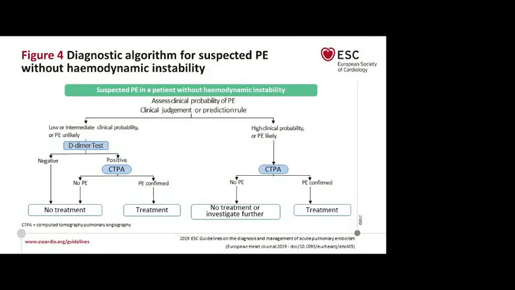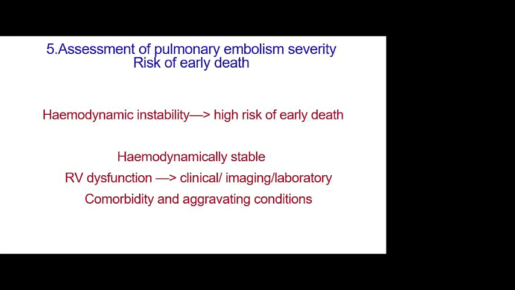If the patient is suspected to have pulmonary embolism but is hemodynamically stable, we go to the predictive rules and check the probability. If patients have low probability, we can go for the D-dimer test to exclude. If patients have high probability for pulmonary embolism, we should go for CTPA, not the D-dimer.